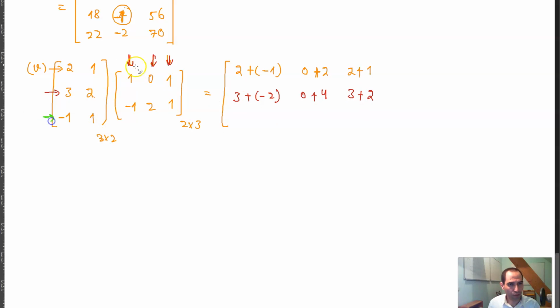This row and this column, negative 1 plus negative 1. And then you have 0 plus 2.